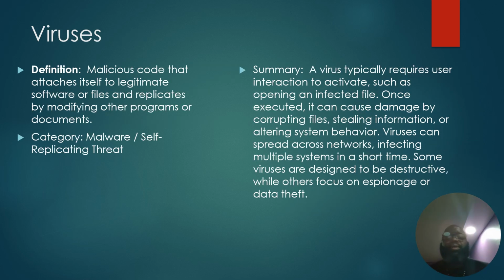Virus. In summary, viruses typically require user interaction to activate, such as opening an infected file. Once executed, it can cause damage by corrupting files, stealing information, or altering system behaviors.